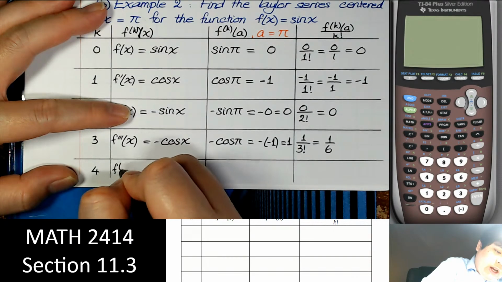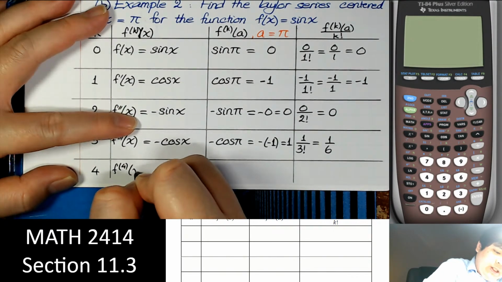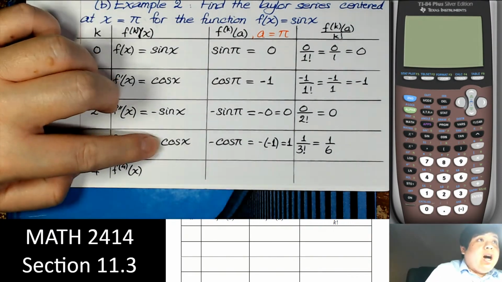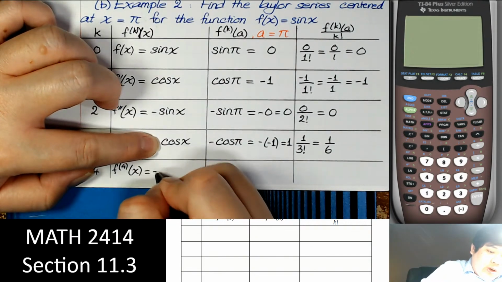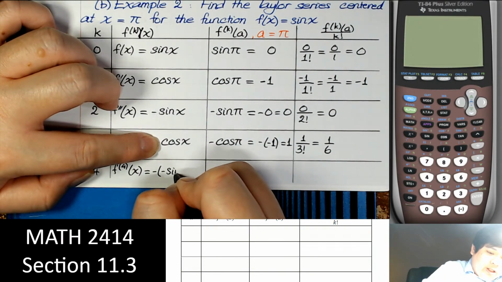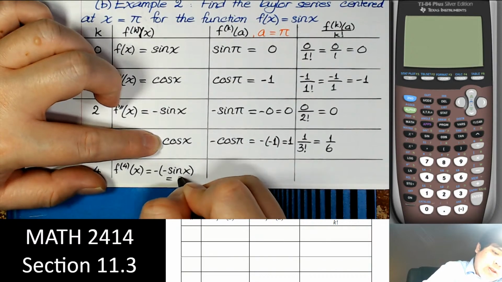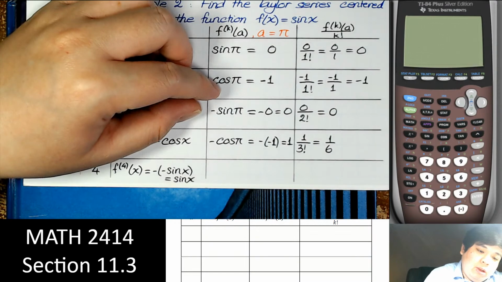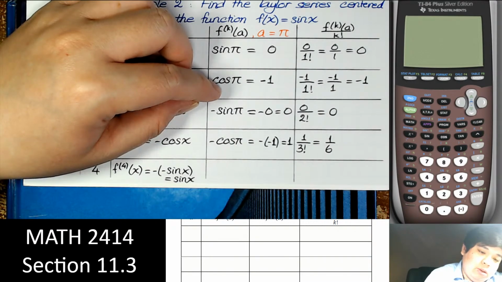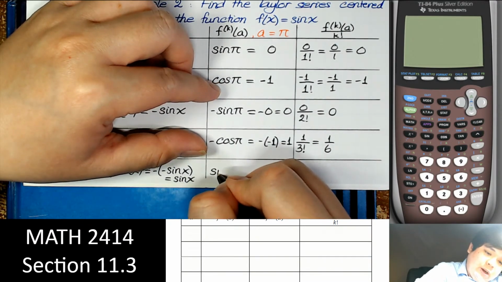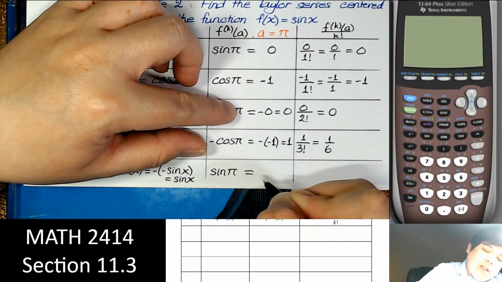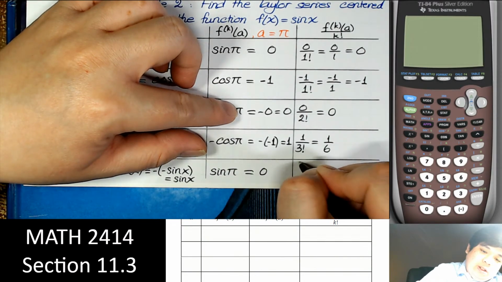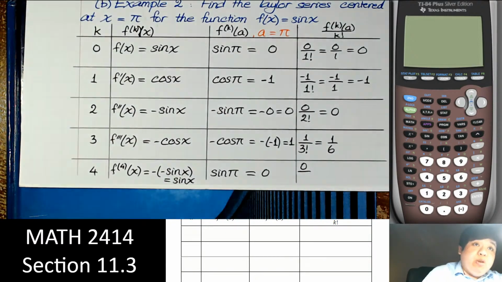Fourth derivative: the derivative of cosine is negative sine, so negative sine of pi again is 0. Actually, we should do a few more of these.